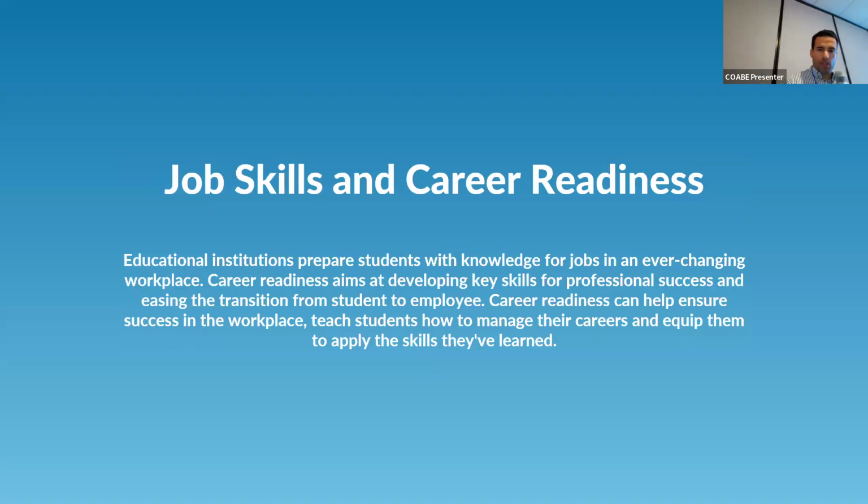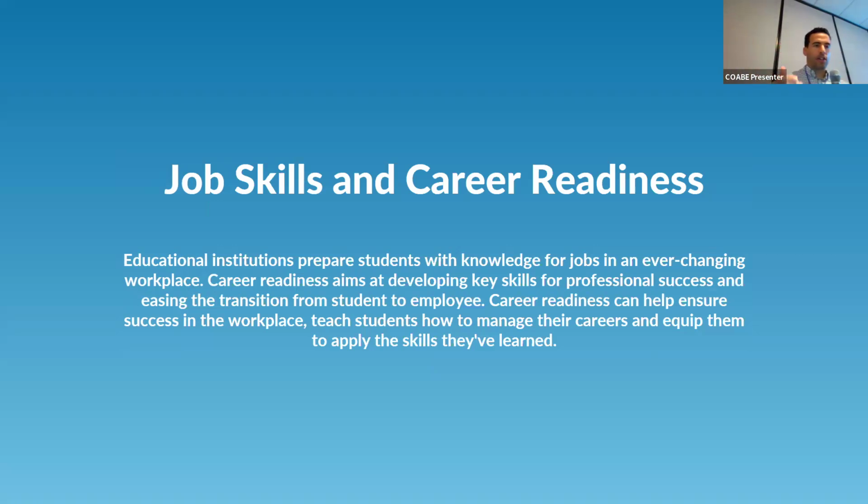So getting into job skills and career readiness, one of the key things here is, a lot of the institutions that we work with and those that we talked with as we were putting these courses together, they do a fantastic job of preparing students for the knowledge required for jobs of today and tomorrow. So vocational training, a lot of the times they're providing those skills on site. And then, getting ready for a lot of those programs, it's usually a combination of English and math to get them ready.